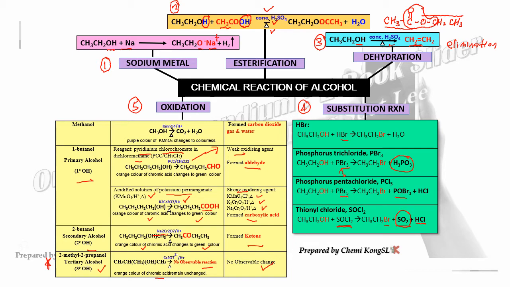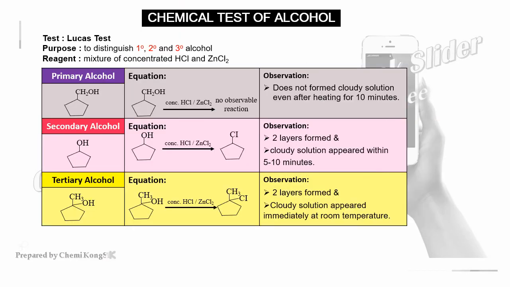Okay, next, about chemical test. Okay, the name of this test is Lucas test. The function of Lucas test is to distinguish between primary, secondary, and tertiary alcohol. Okay, the reagent is concentrated HCl, zinc chloride. Okay, so this is the way to write down the reagent.